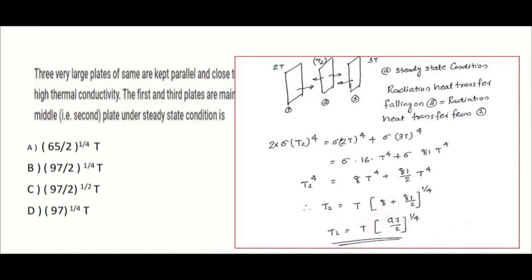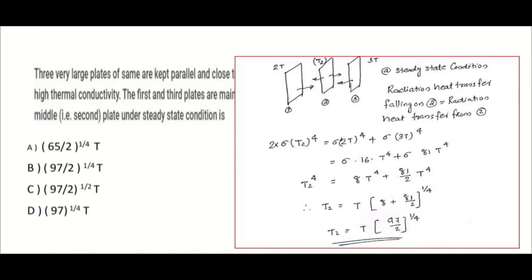In the case of the second plate, the incoming radiation will be sigma times the temperature of the third plate, that is 3T whole raised to 4, plus sigma times the radiation from the first plate, that will be 2T raised to 4.